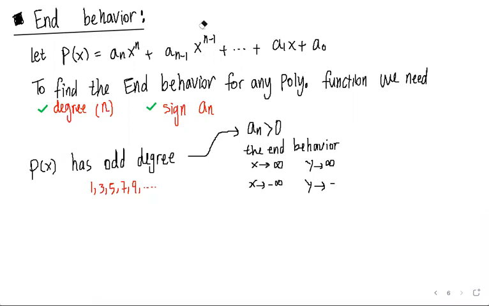This is the end behavior for the first case. And the graph for this one will be similar to this, not exactly, but similar. So when x goes to infinity, y goes to infinity, so it will be like that.